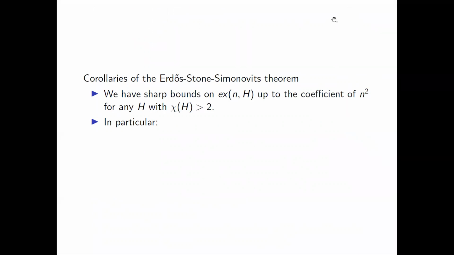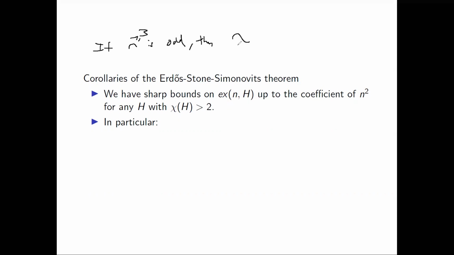So we already knew C3, but for all of the others, we know their chromatic number. So we know that if n is odd and n is greater than or equal to 3, then the chromatic number of C_n equals 3. So this is one of the graphs where we have sharp bounds on its extremal function up to the coefficient of n squared because the chromatic number is greater than 2.